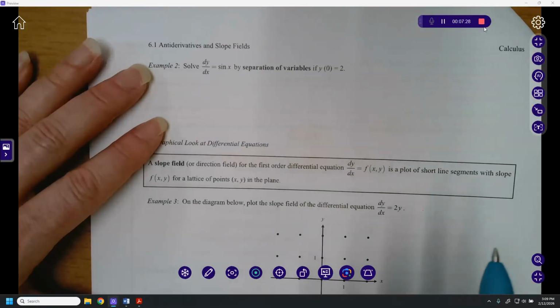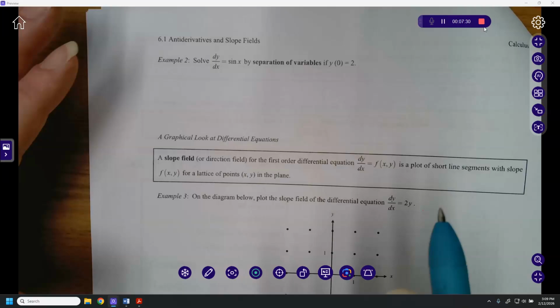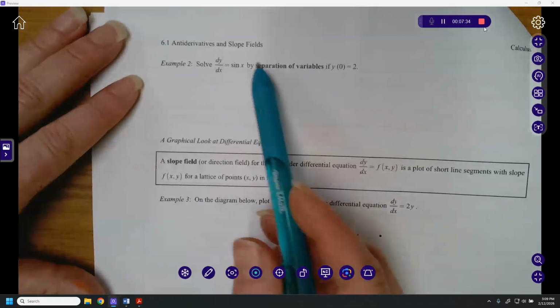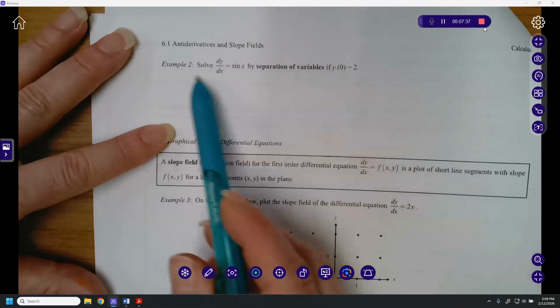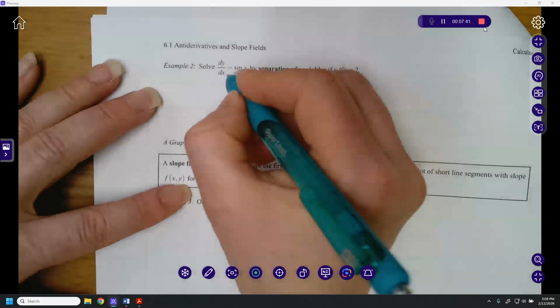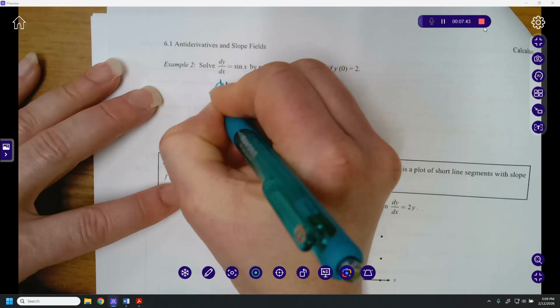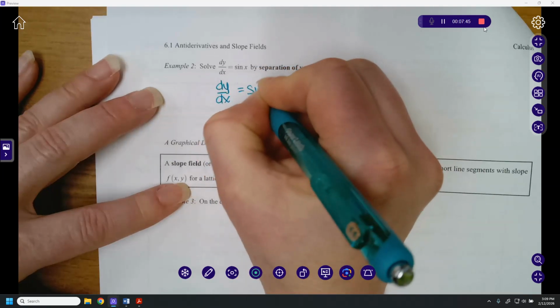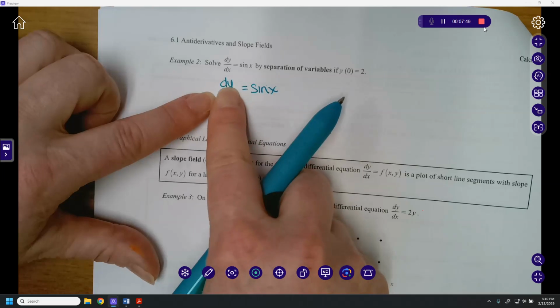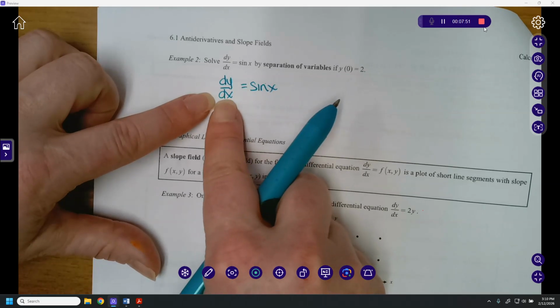So in this particular problem we're going to use integrals to do it, but I'm given dy dx equals sine of x. So it says by separation of variables. So what I'm going to do is I am going to go ahead and keep dy over here. I need my dx to be with my sine x.